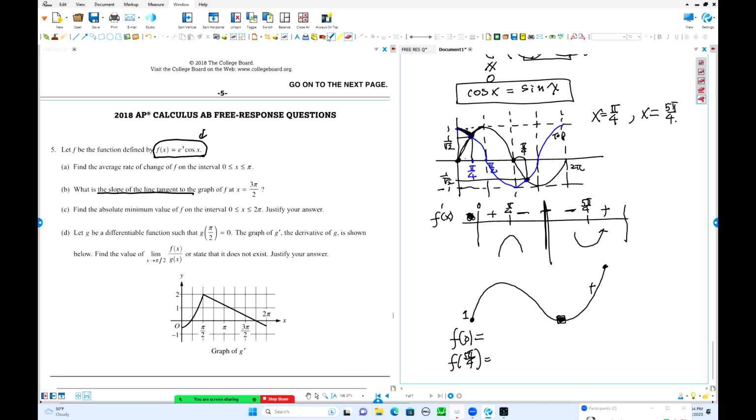F of 0, sorry about that. F of 0 is e to the 0 cosine 0. Cosine 0 is 1, e to the 0 is 1, so that is 1. That's the same as before.